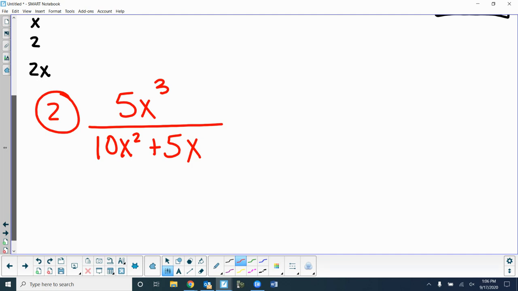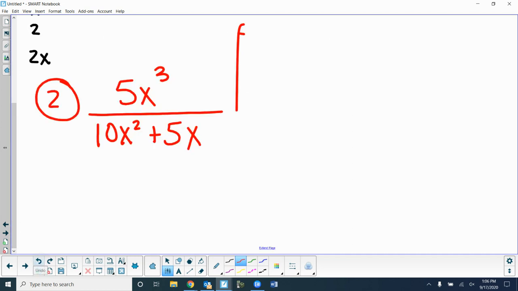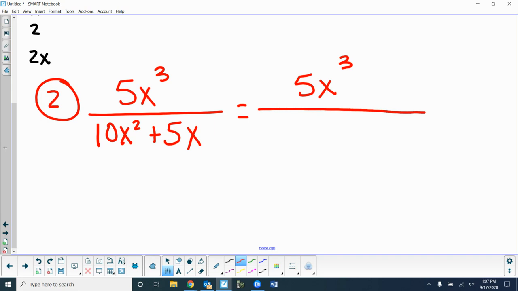Yeah. What is it? So the top we couldn't do anything to start, but the bottom has a 5x as GCF, and then we get 10x squared divided by 5x is 2x, and 5x divided by 5x is 1. So we factor it. Can't go any further factoring.